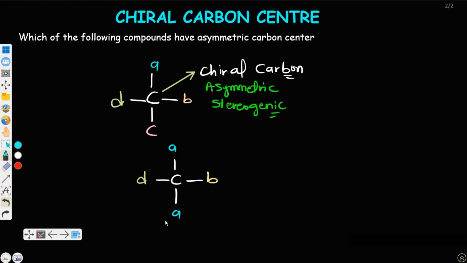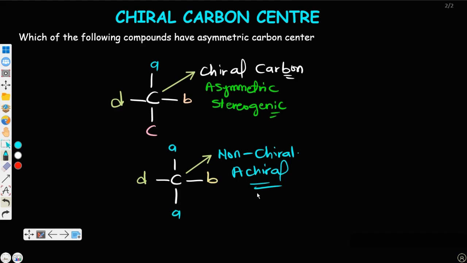Do you know why? Because it has 2 groups that are the same. So you say this is a non-chiral carbon center. Some people call it non-chiral, or we can call it achiral. That's basically the difference between a chiral carbon center and a non-chiral carbon center.